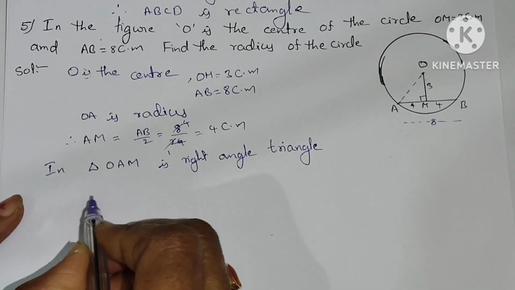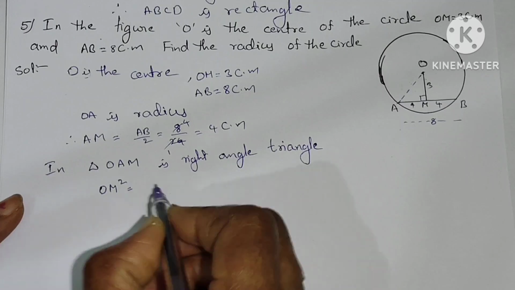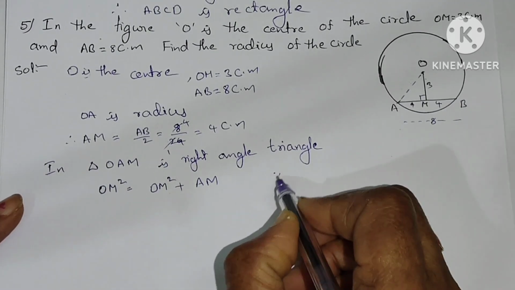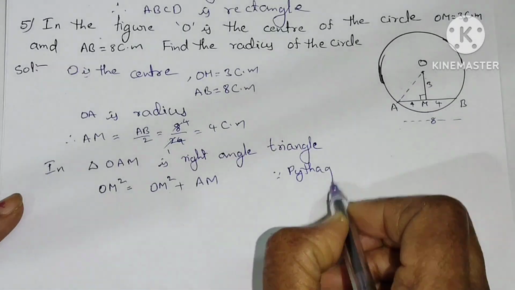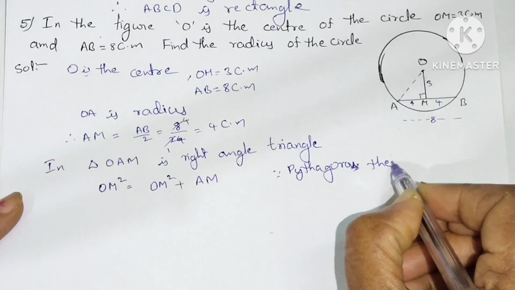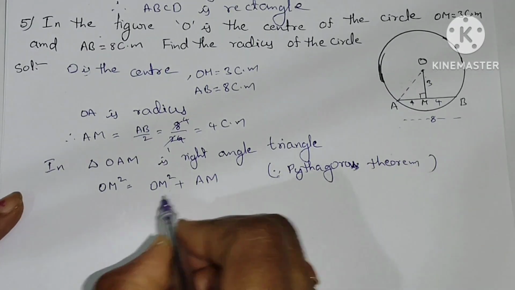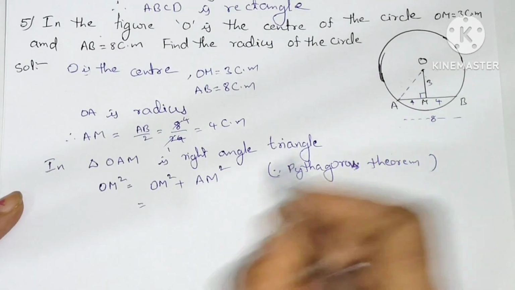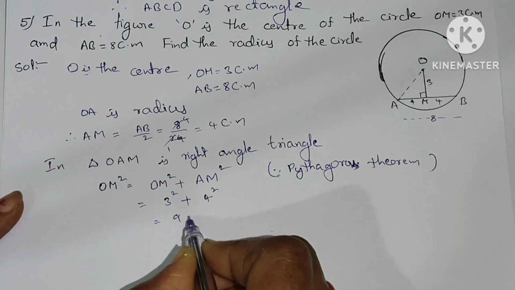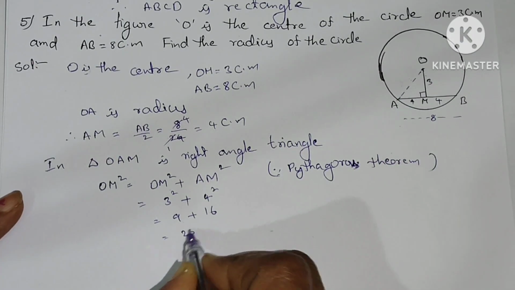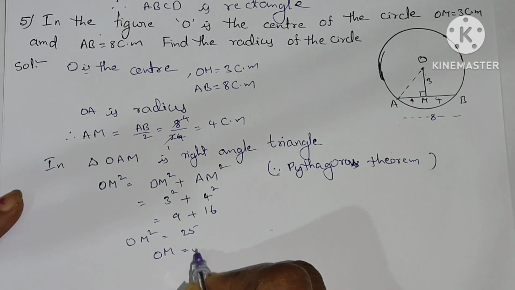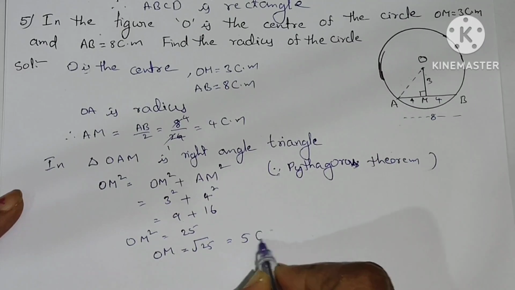So here OA square equal to OM square plus AM square. OM equal to 3 square plus AM equal to 4 square, that equal to 9 plus 16. 9 plus 16 equal to 25. So OA square equal to 25, OA equal to root 25, that equal to 5 centimeters.